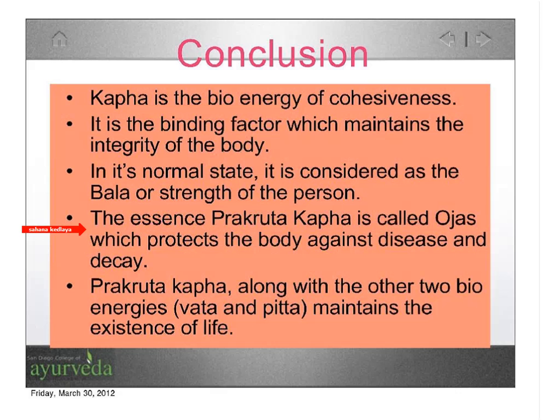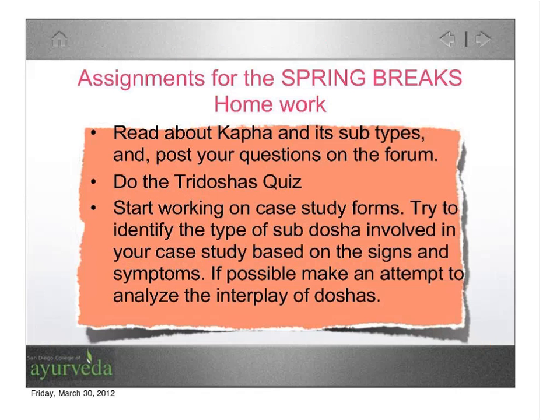The essence of Prakrita Kapha is also called Ojas, which protects the body against disease and decay. And the Prakrita Kapha, along with the other two bioenergies, Vata and Pitta, maintains the existence of life. That's all about the Kapha.